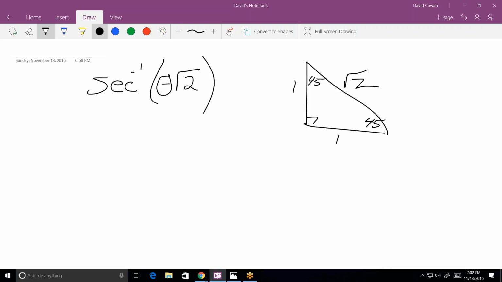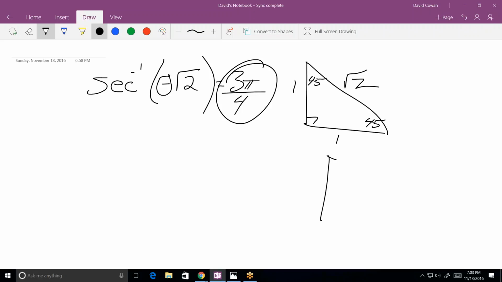Positive means it's in quadrant 1, negative means it's in quadrant 2. So what's the angle? Would it be 3 pi over 4? Yeah, or 135 degrees. Same thing. Okay, I get that one. Okay, next one.